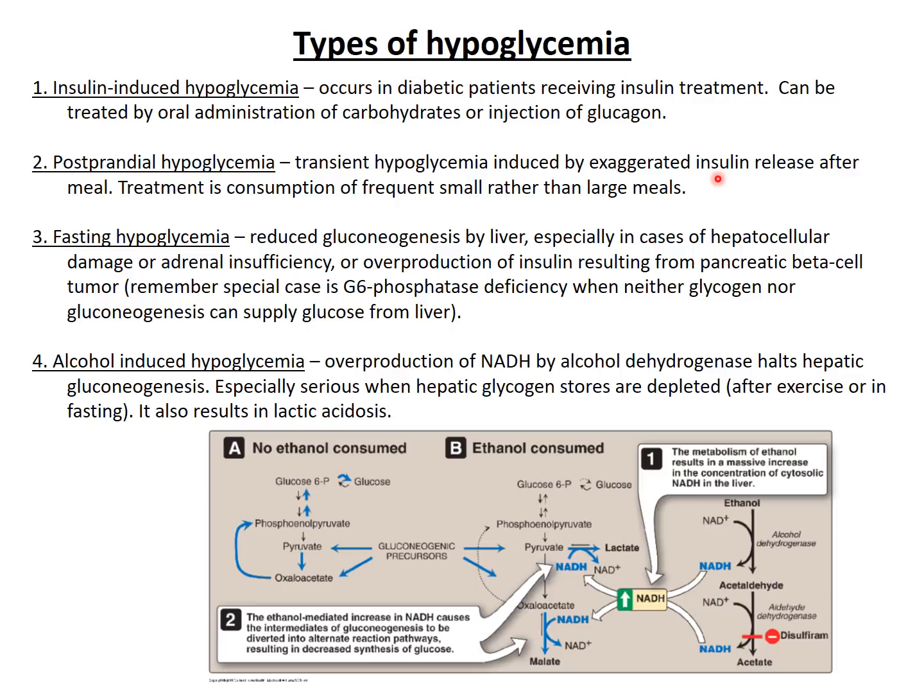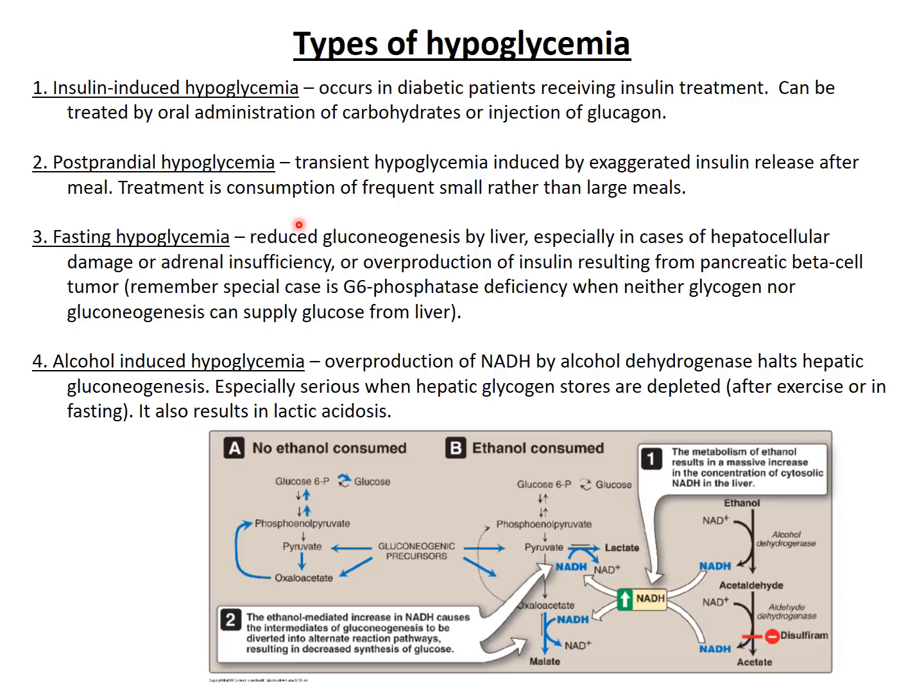It is one of the signs that there is a problem with insulin regulation, so it can be an early sign of insulin diabetes. What these people need to consume is frequent, smaller meals rather than one large meal that will spike the insulin very high.